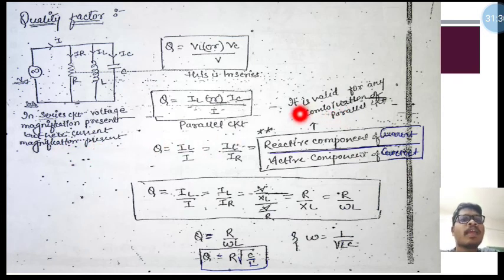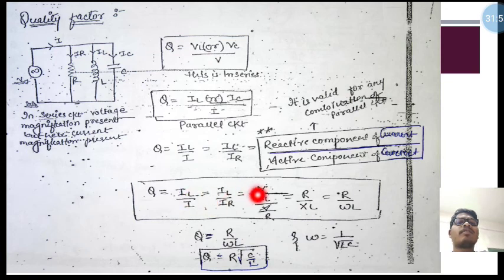Okay, it is valid for any combination of parallel circuit. So quality factor is equal to IC divided by I, that is reactive component of capacitance divided by IR, that is active component. Reactive components of current divided by active component of current. So quality factor is equal to IL divided by I or IC divided by I.